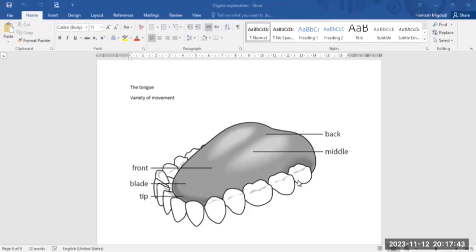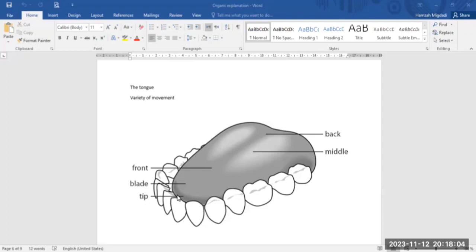Okay. By your blade or tip, try to touch your lips. Can you? Yes. Can you touch the alveolar ridge? Yes. Can you touch the hard palate? Yes.